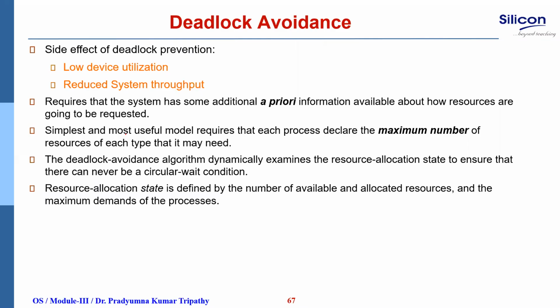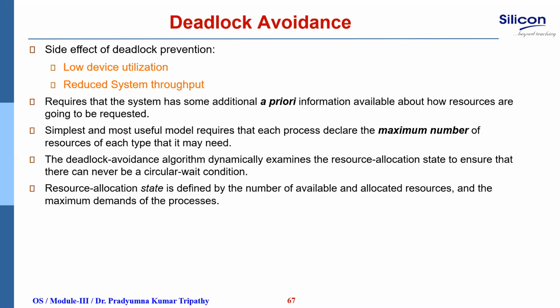Whenever a process enters, it will say, for example, I need 2 hard disks, 500 MB of RAM, 2 bus, CPU, whatever things it requires. It will say this type of resources and this number of resources. What is the maximum number of resources? It will say before execution.